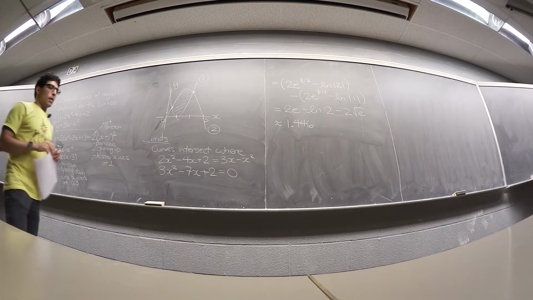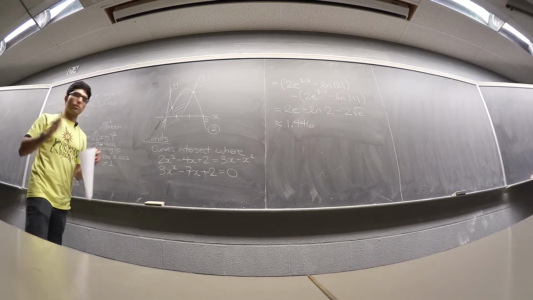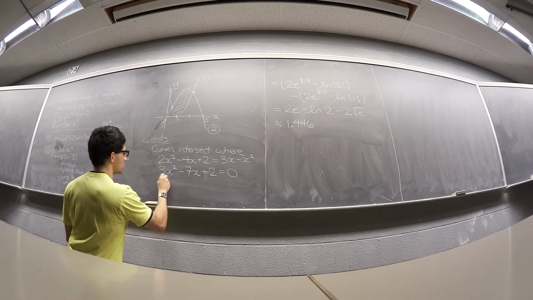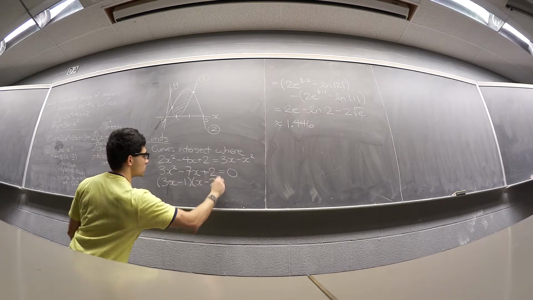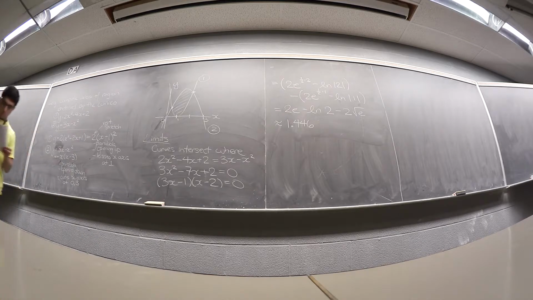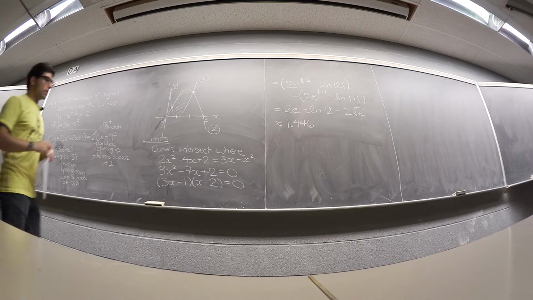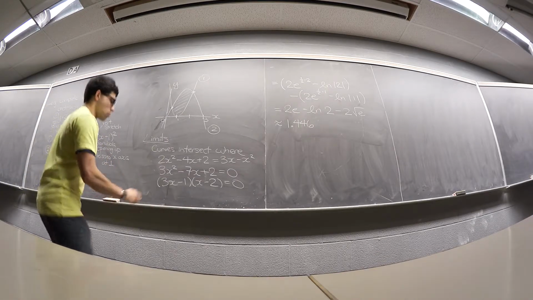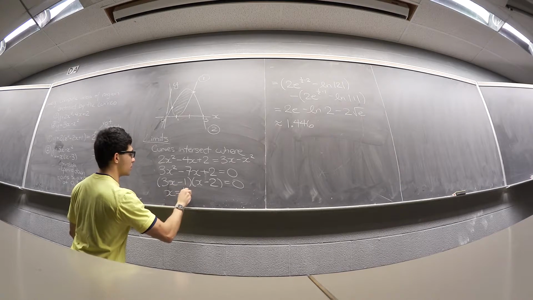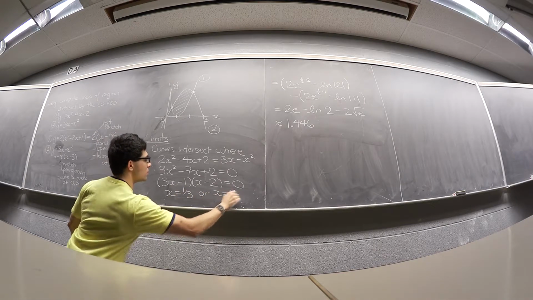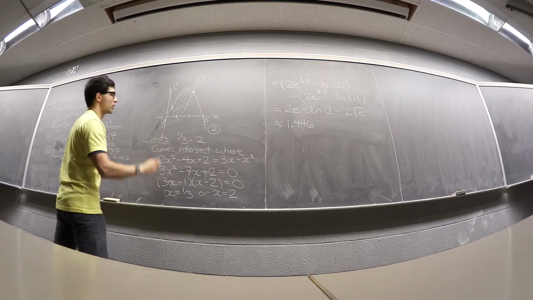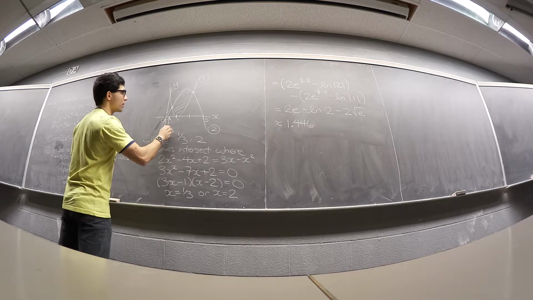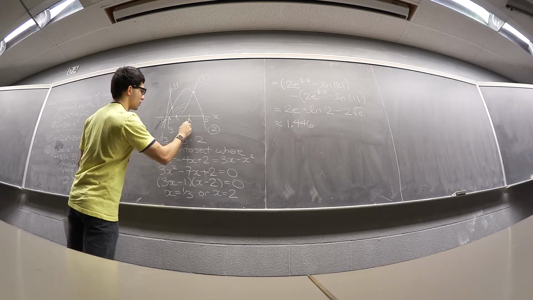Okay? And then I use the quadratic formula because you just don't want to look at this, or you factor it. And you get that the intersections are at 1/3 and 2. Okay, so the limits are 1/3 and 2.